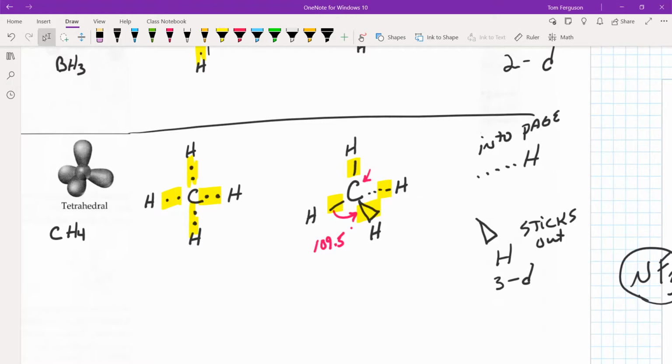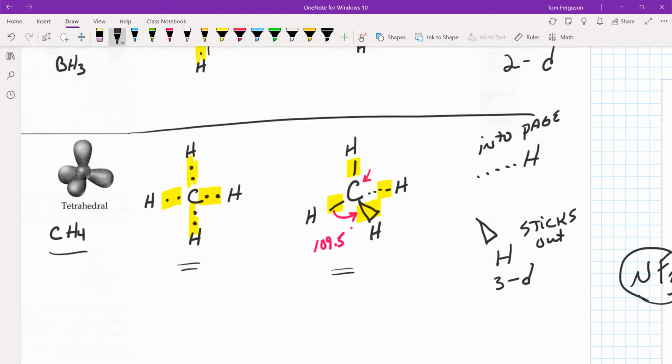Okay, so let's look at carbon tetrahydride or methane. All right, this is the Lewis dot structure, and this is going to be the 3-dimensional version of it.